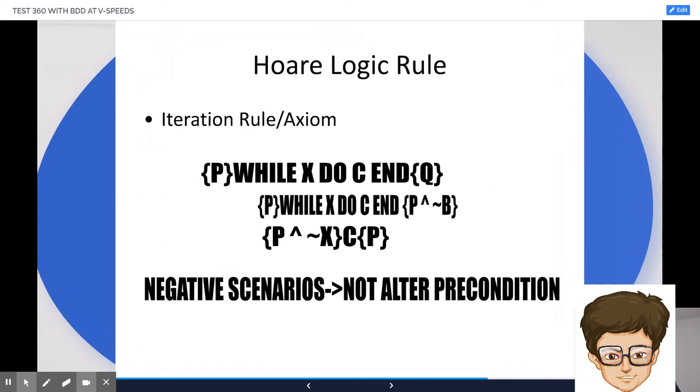The next axiom is the iteration rule. Here we ensure that the examples we use in our feature file to carry out our parameterized testing, examples being the example section of your feature file in the Gherkin language, where we provide our parameters using pipes, also include negative test data parameters that do not alter the state of the application.